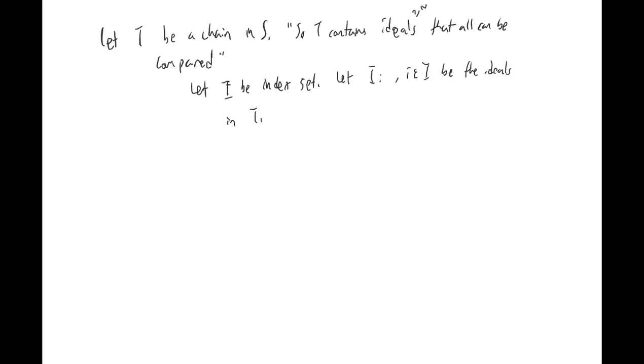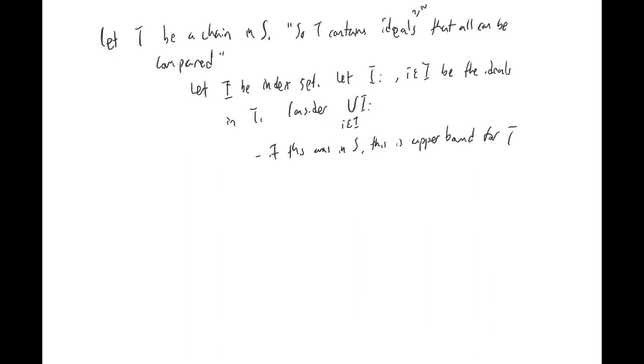So from here, the idea is to consider the union over i in I of I_i. Let me just say, if this was an S, does everyone agree this is an upper bound for T?